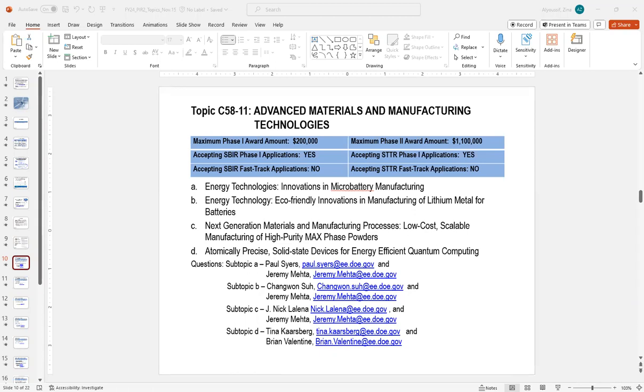And finally, given the unique set of challenges for batteries of such small capacity sizes, ways to reduce the cost of production of microbatteries specifically is a key metric in this area of interest.